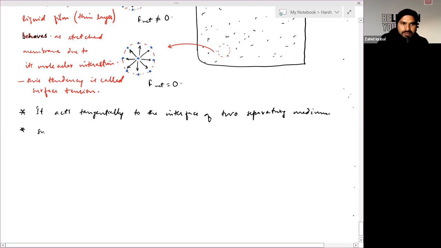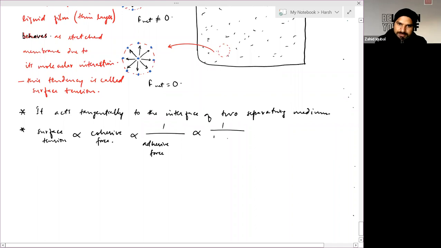Next, surface tension is proportional to cohesive force. The greater the force of cohesion, the greater the value of surface tension. It is inversely proportional to force of adhesion or adhesive force. Inversely proportional to temperature.